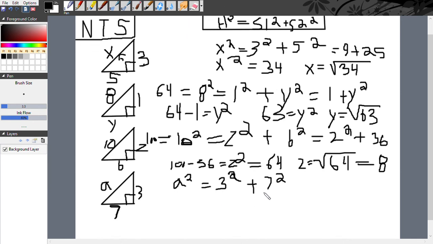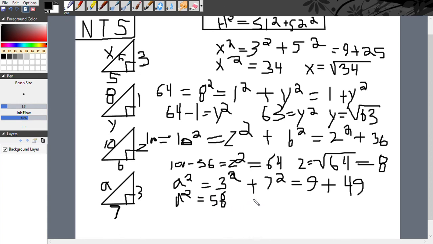This means that a squared is equal to 3 squared, which is 9, plus 7 squared, which is equal to 49. No, sorry. A squared is equal to 9 plus 49, which is going to be 58.